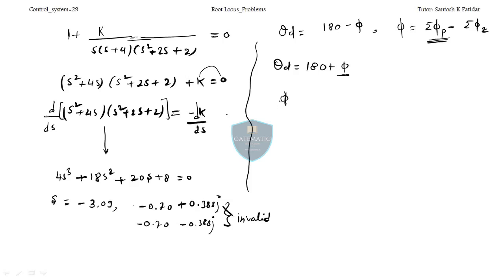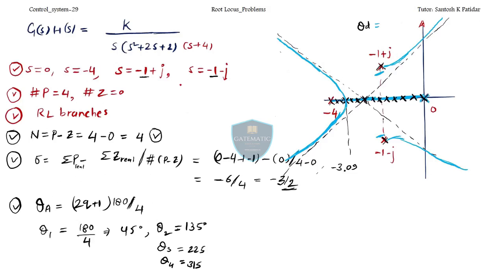This phi is nothing but the angle of the transfer function G(s)H(s) at the given point, that is, at s equal to whatever you are looking for. For this question we are looking at minus 1 plus j.